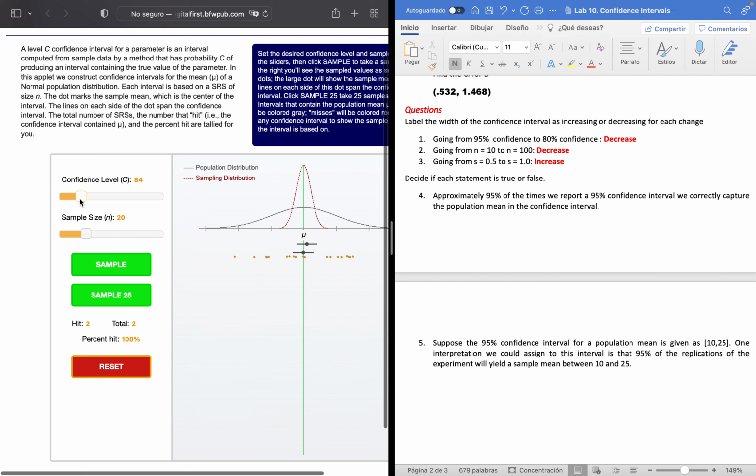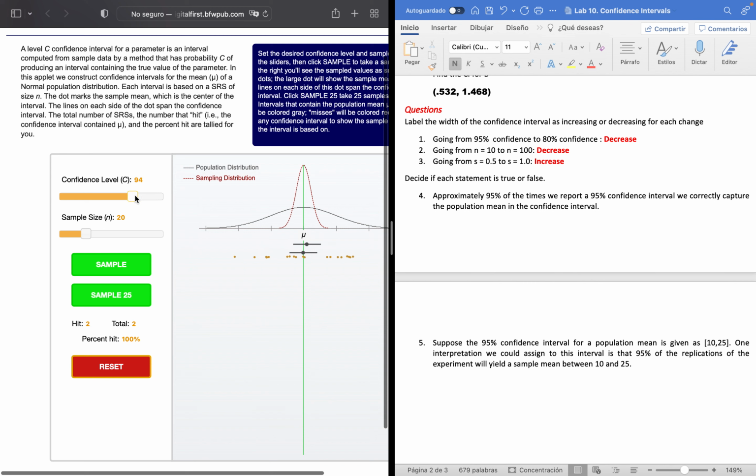The width of the interval decreases. If we increase the level, the width of the interval increases. You see that? Decrease the confidence level, the interval decreases. By increasing the confidence level, the interval is increasing. Yeah, I'm sorry. So from 95% to 85% decrease.